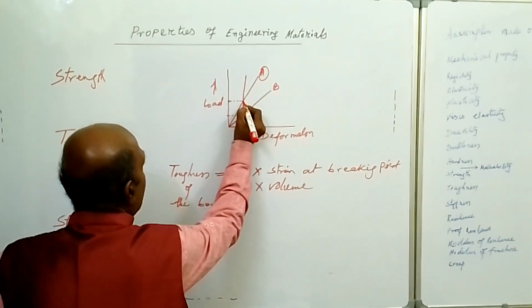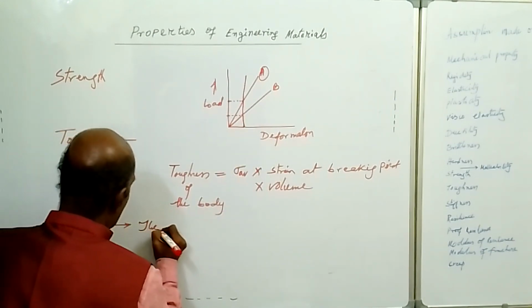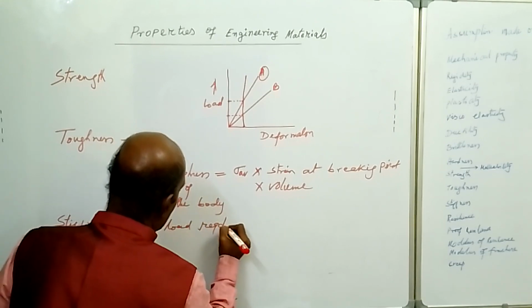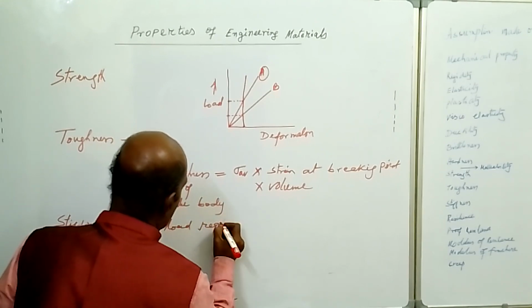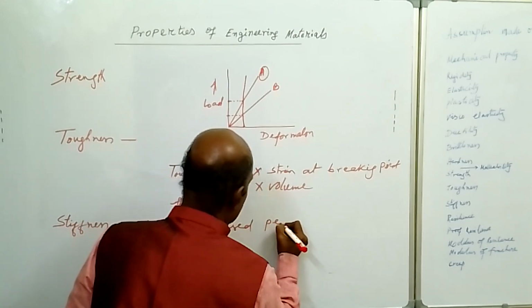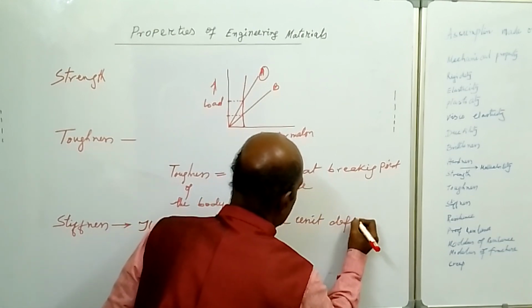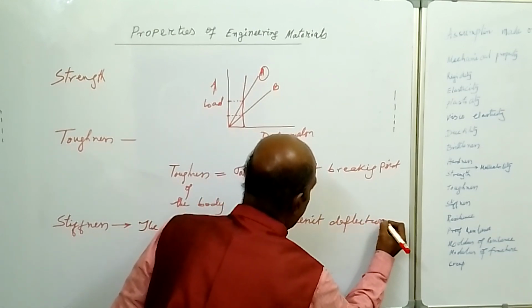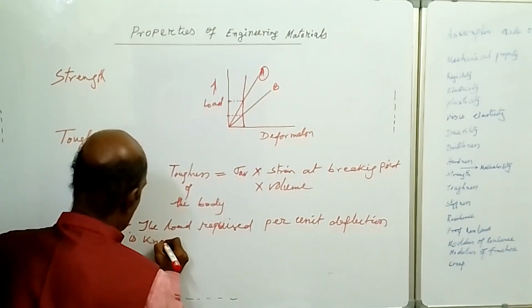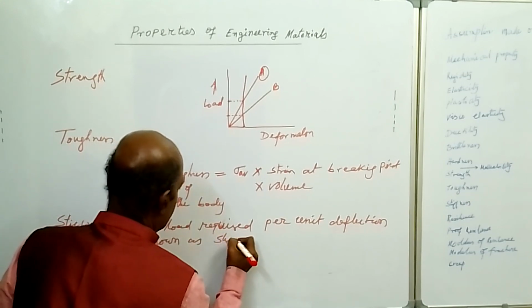It is the load required per unit deflection. The load required per unit deflection is known as stiffness.